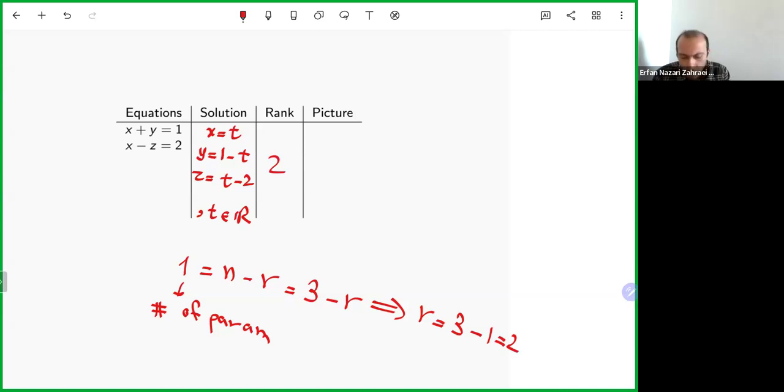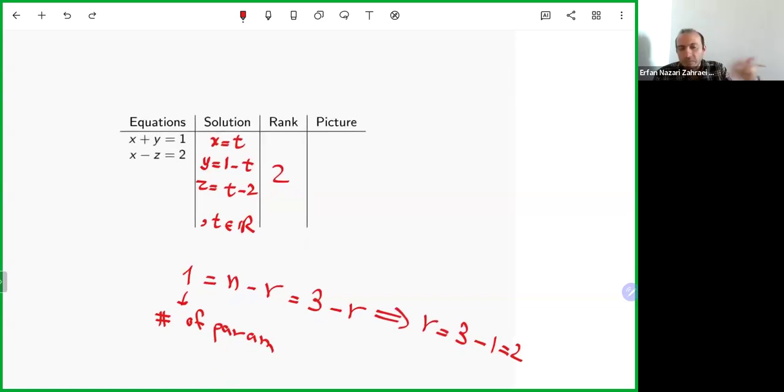And finally, the picture: it's two planes that intersect at a line. Basically, you could say it's the same as the previous picture, or if you want to draw a new picture, two planes that intersect at a line like two pages of a book.